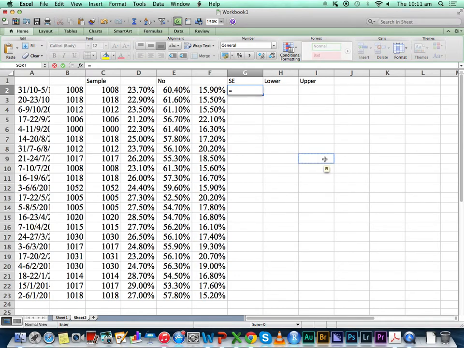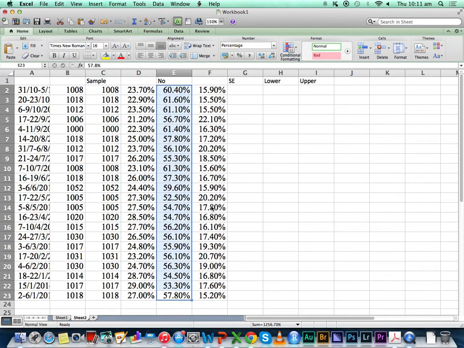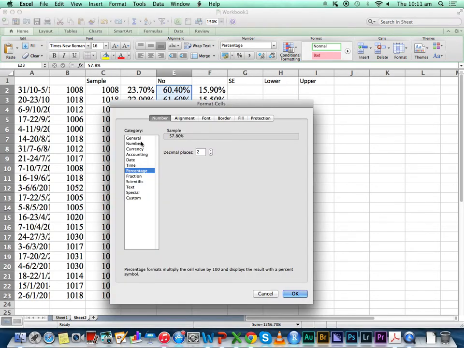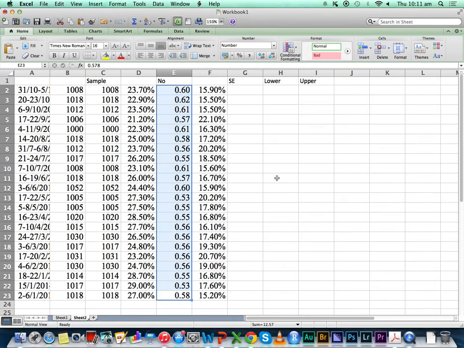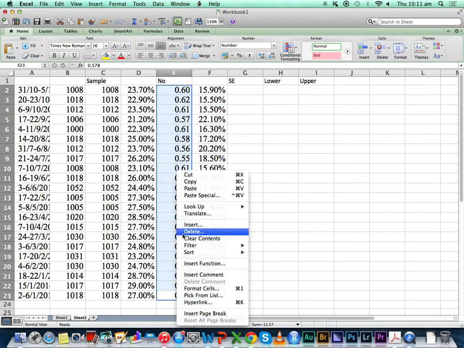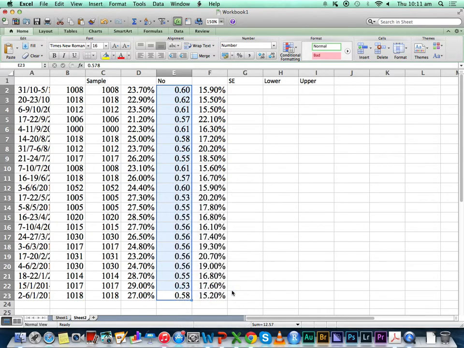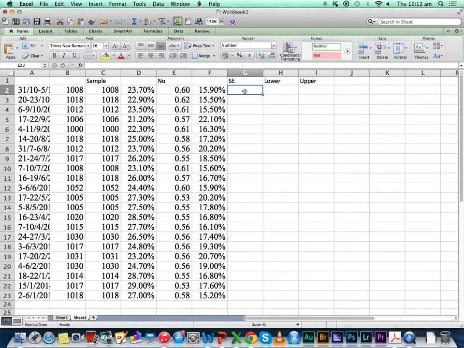Okay, the SE is equal to the square root. It will be better for you to change this column into a proportion by using the format cells, and then change it to numbers instead of percentage.